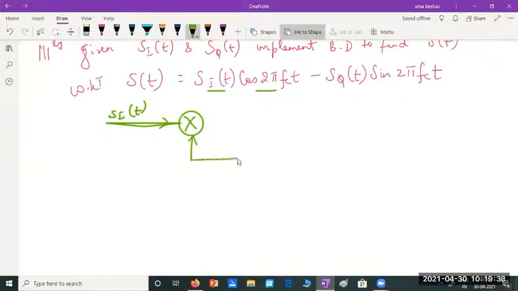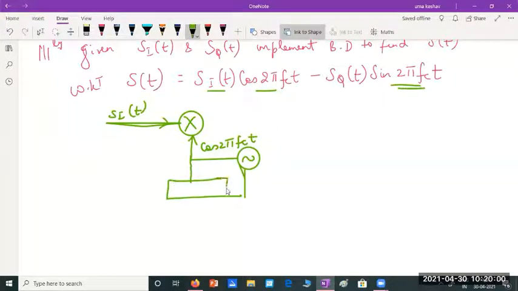So just like before, I should have an oscillator which will generate cos 2 pi fct, and I should have a what? What's the second signal needed? Sine is needed. So I should have a pi by 2 phase shifter.